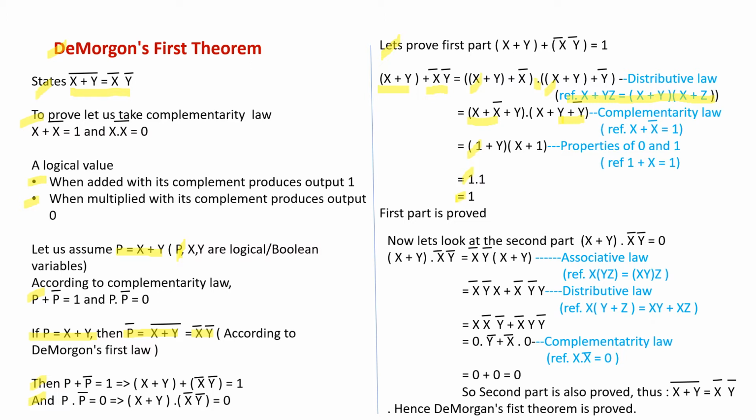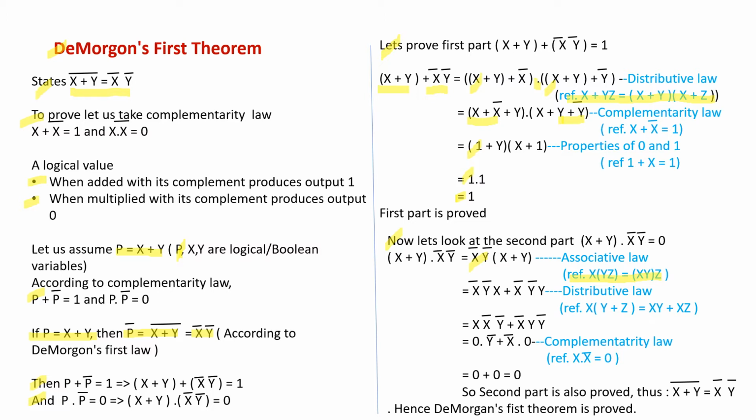Let us prove the second part, which states that (x or y) and x complement and y complement is equal to 0. We are going to rearrange it using the associative law given as reference, moving around the variables as given here.